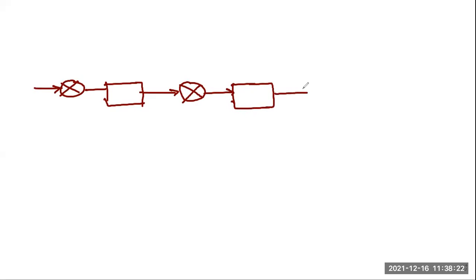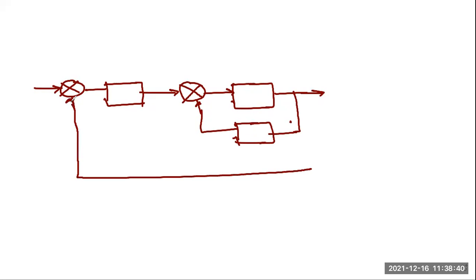So let us say a system which is represented by some block diagram. There is a transfer function here, and then you have a comparator block. Then you have another block here. And this is the output. From here, there is a feedback path, and there is another feedback.